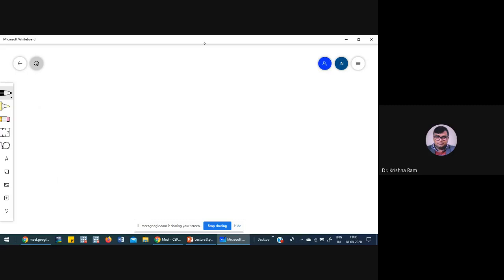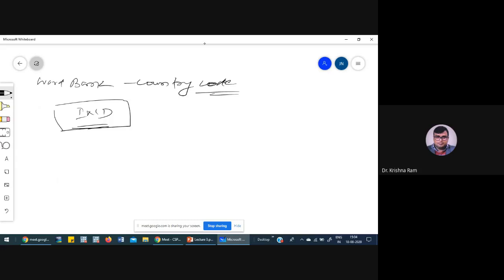If you are familiar with the World Bank data set, World Bank data sets come with the country code. Like for India, that one is IND. IND represents India. So for each country, World Bank has a country code.